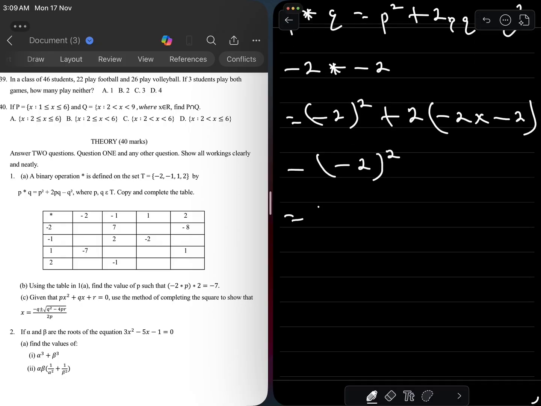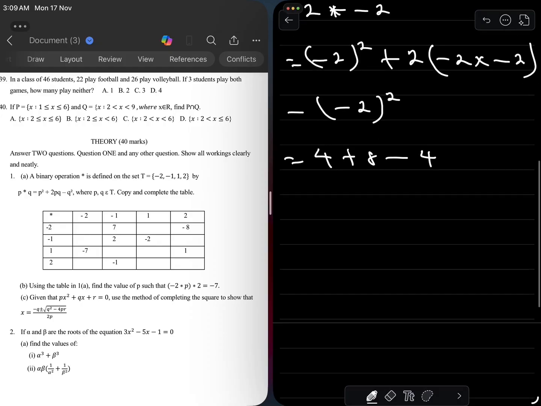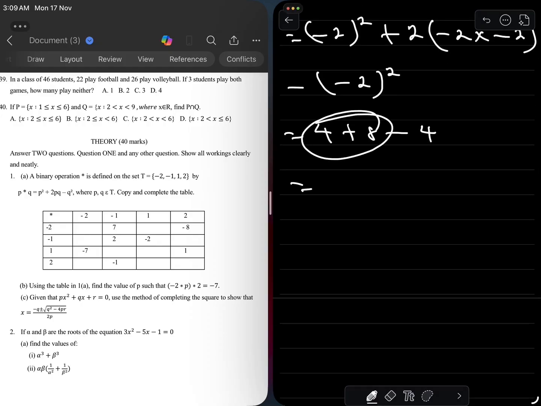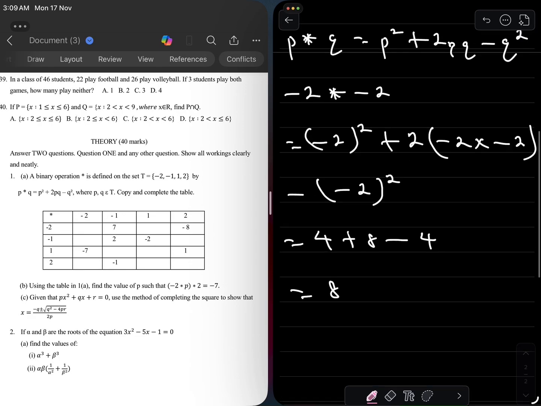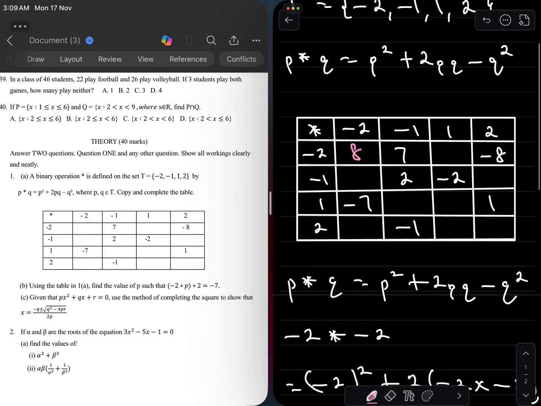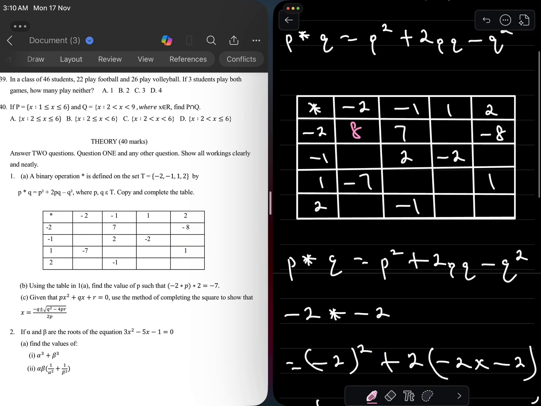That's equal to 4 plus 8 minus 4, which is 12 minus 4, which is 8. So this is 8.